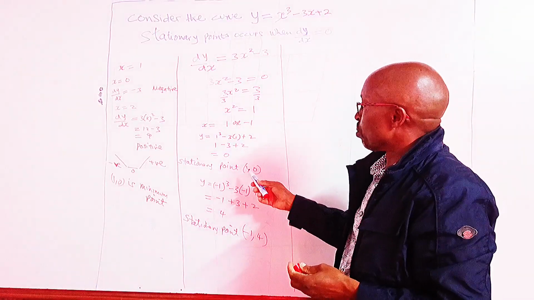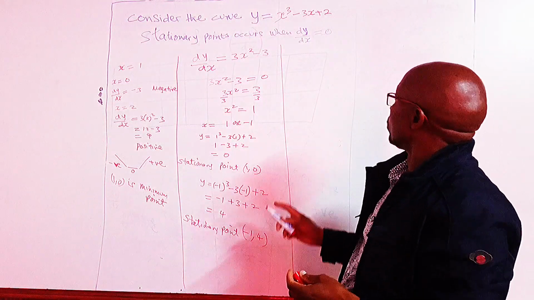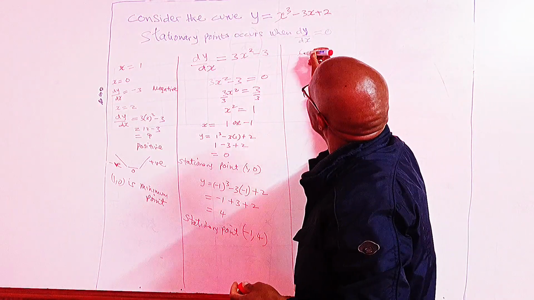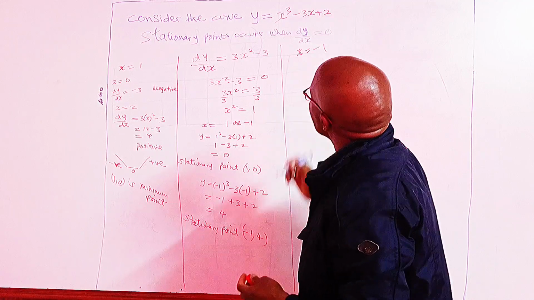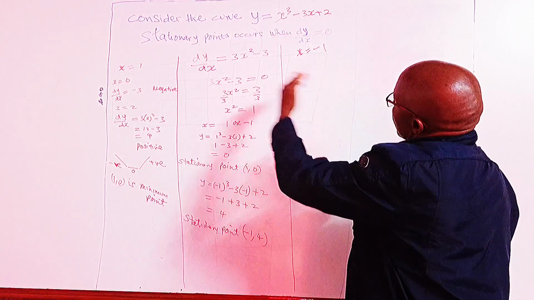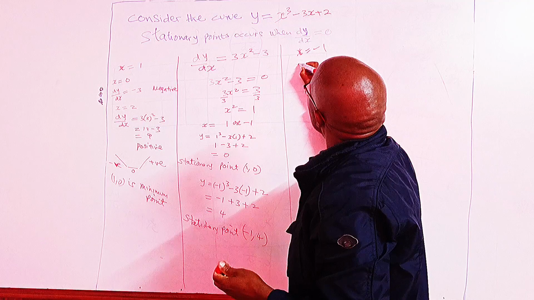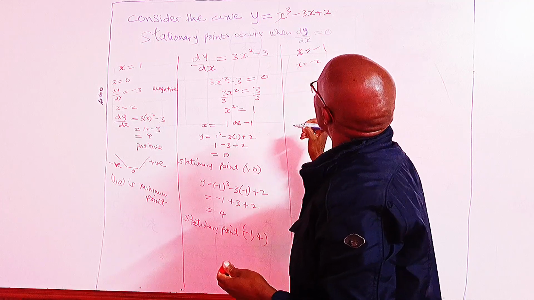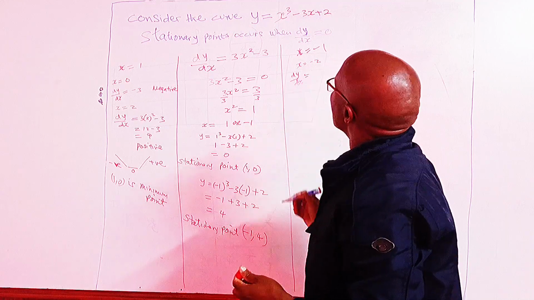Considering the other stationary point where x is equal to negative 1, we will consider another value of x to the left. Let's say negative 2. When x is equal to negative 2, what will be the dy/dx?